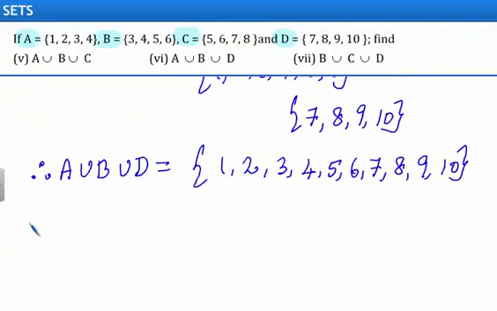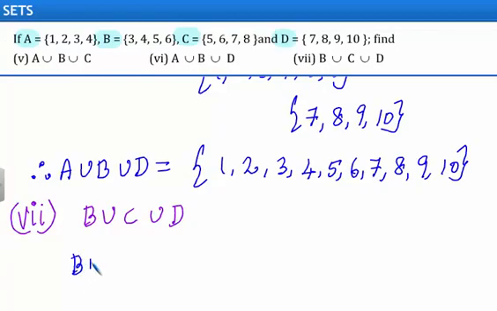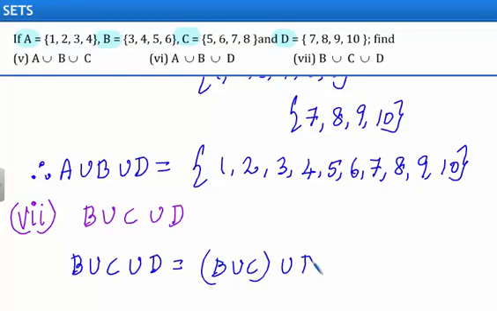In the next part of the problem, we need to find B union C union D. B union C union D is equal to B union C union D. This will be equal to B union C is the set of those elements which are either in B or in C. So this will be equal to 3, 4, 5, 6, 7, 8.